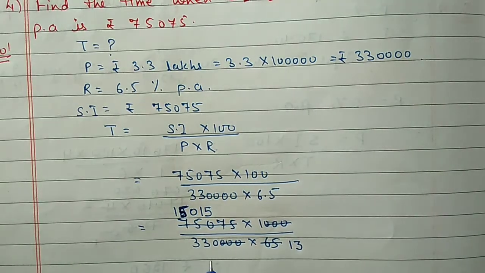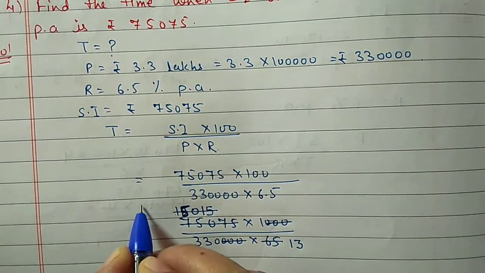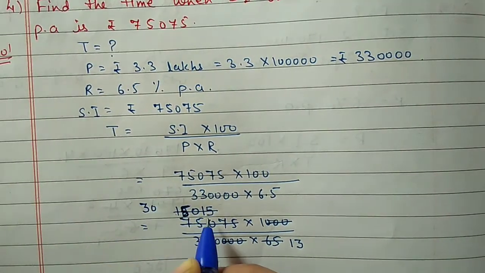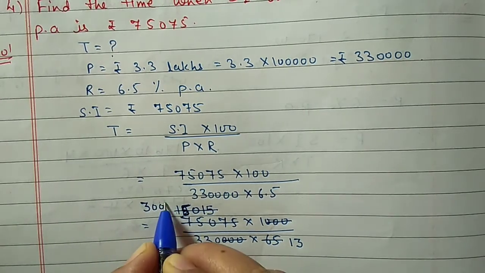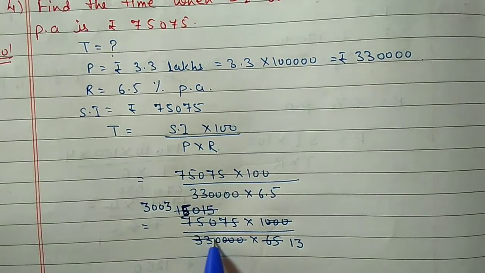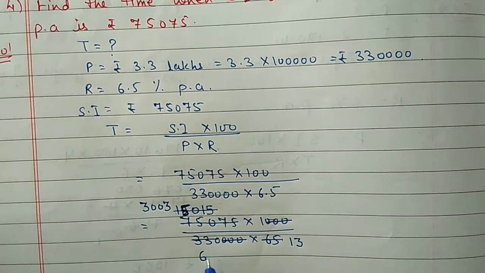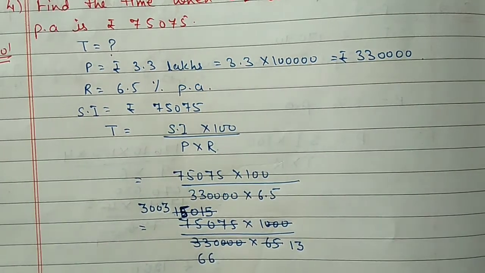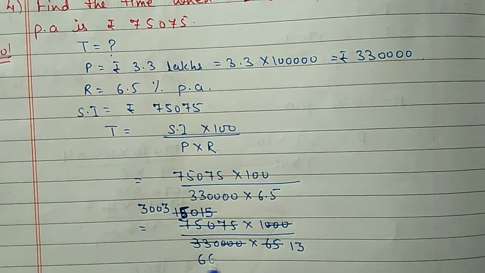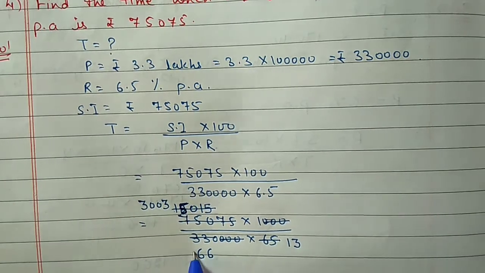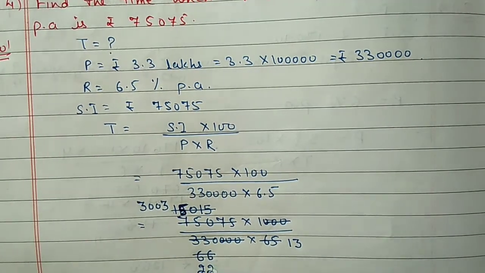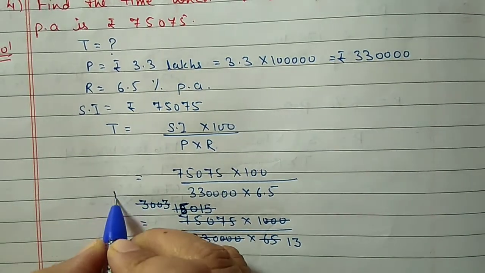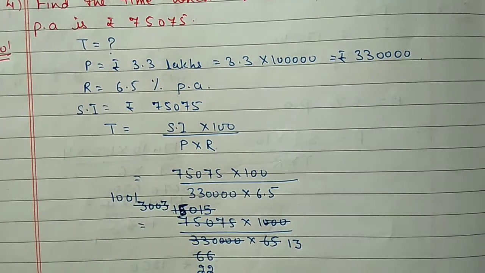Again we can cancel with the 5 table, 5 threes are 15. And down here we can cancel out 5 sixes and 5 sixes. This again we can cancel with the 3 table, 3 twos, 3 twos, and 3 ones are 3.